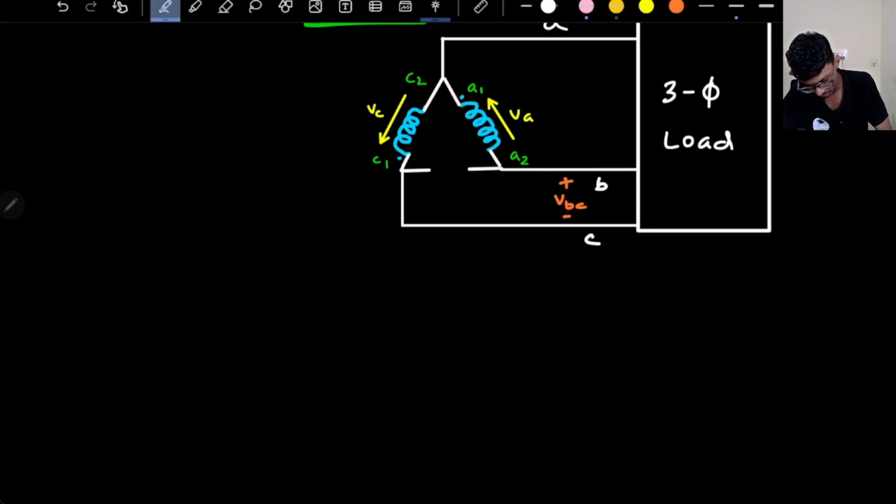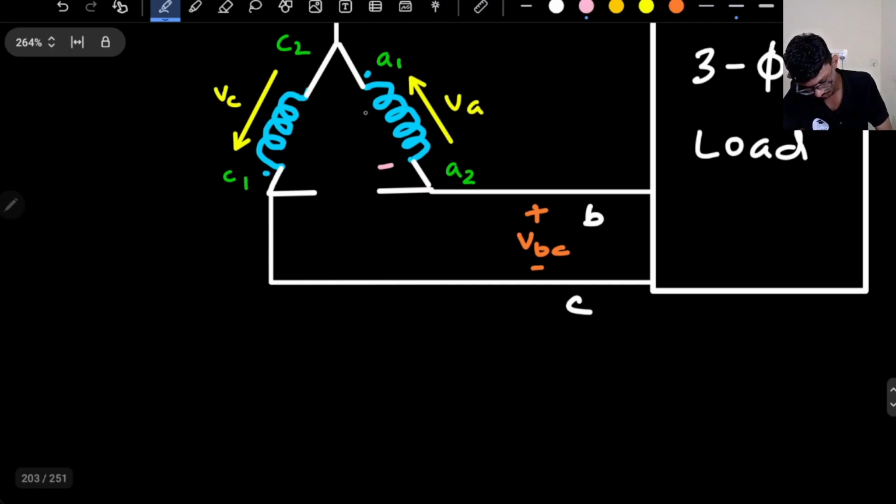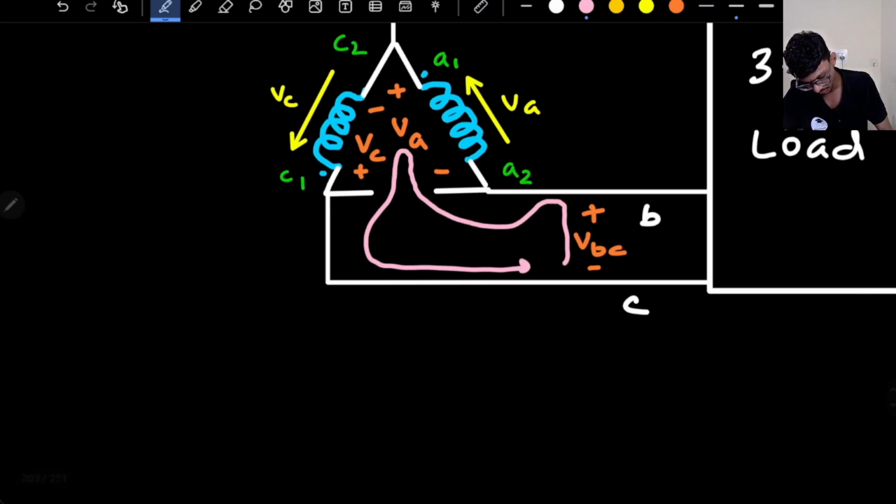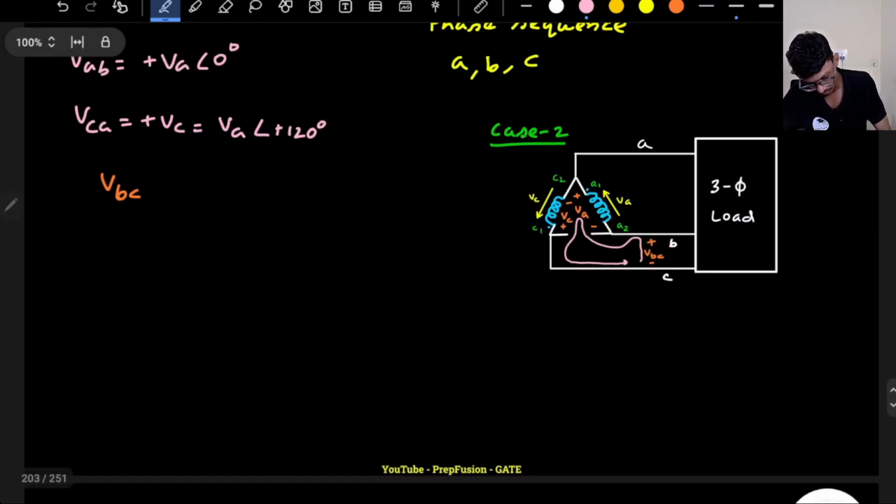So this will be minus plus VA, and this will be minus plus VC. So VBC will be: minus of VBC minus of VA minus of VC equals 0.